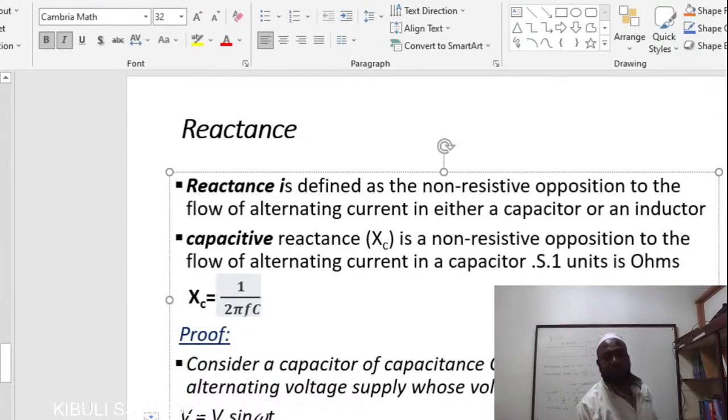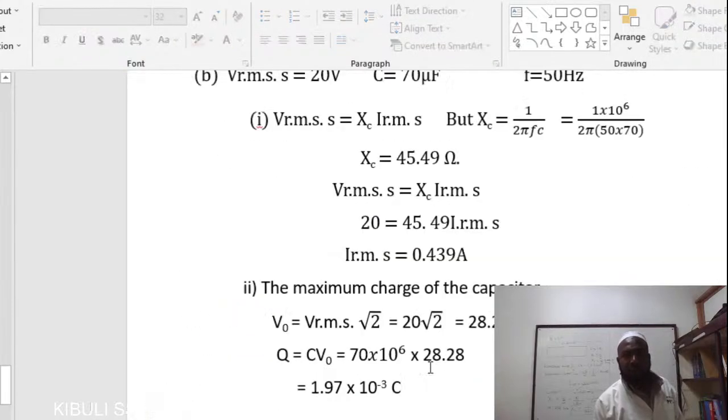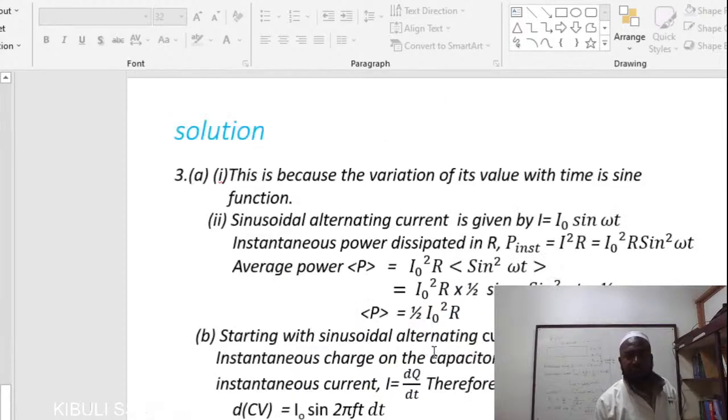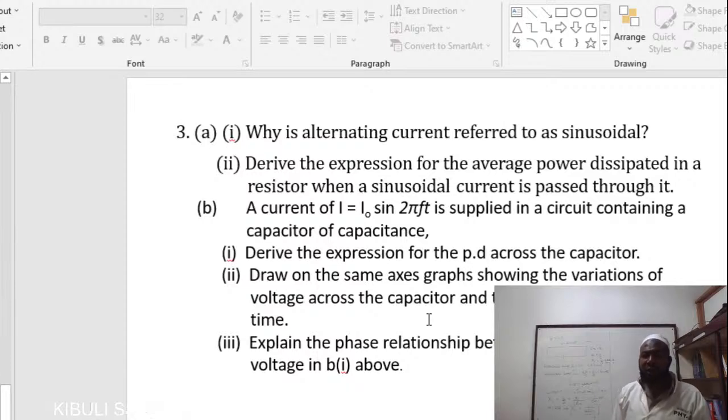Number 3 was saying, define why alternating current is referred to as sinusoidal. We said because its variation with time is sinusoidal. Its time dependence varies as a sine curve, as we noted.